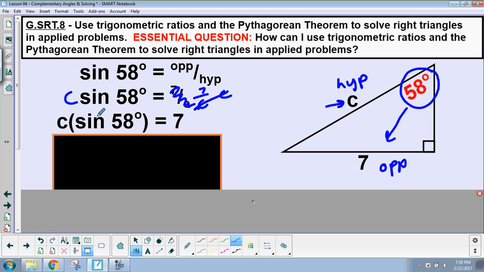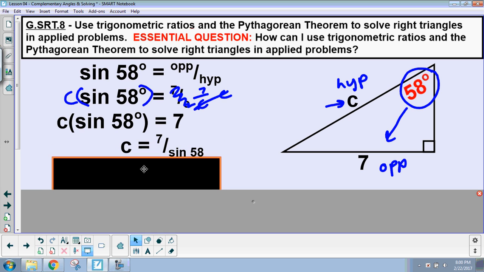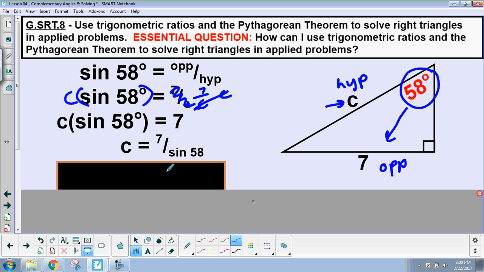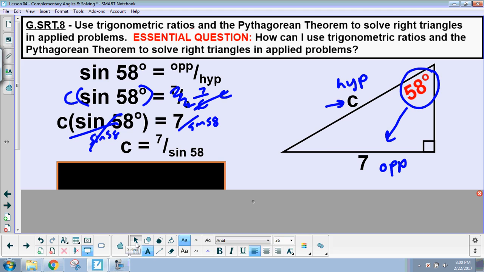Now, since it's being multiplied, you have to divide by sine 58 to get rid of it. Hence this next step. So this side we divided by sine 58. What you do to one side, you do to the other. Try to treat this as one whole thing. Well, then these cancel. So c equals 7 over sine 58. Next, you would want to grab your calculator, plug it in, and you'll get 8.25.